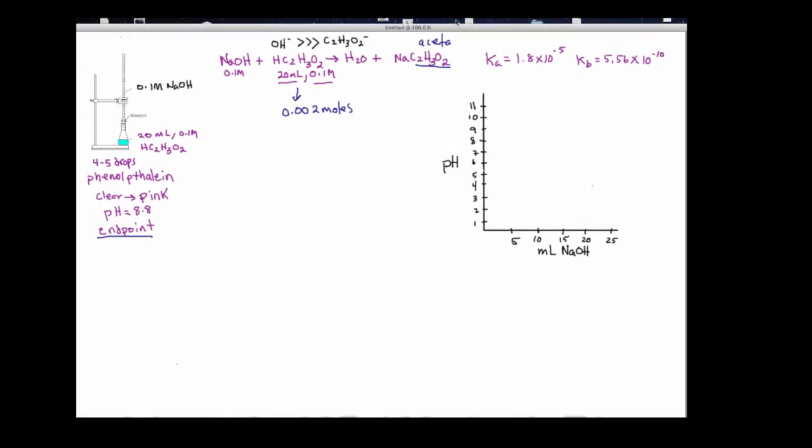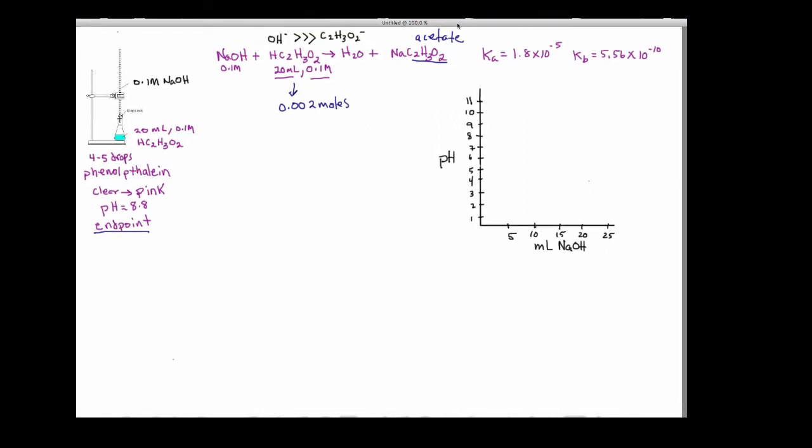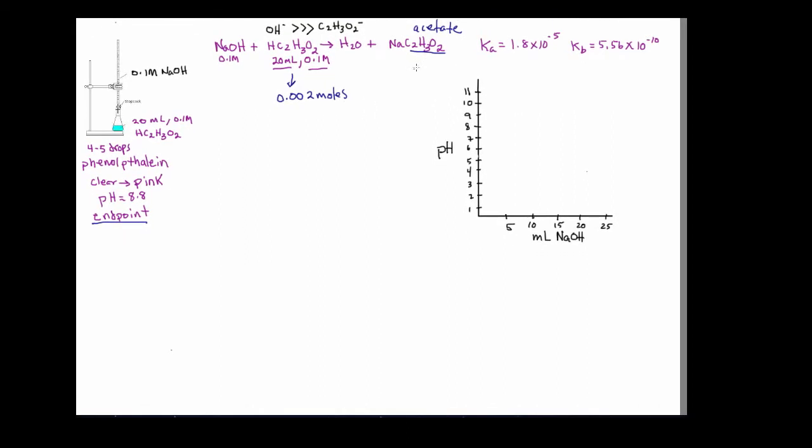So at that point, at the equivalence point, we are literally going to have 0.002 moles of sodium acetate in solution. So coming back to the general idea of the titration, we're reacting a strong base with a weak acid.